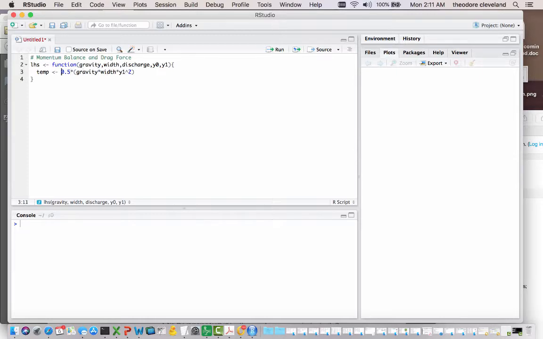Okay, so that's term 1. Build the second one, term 2, is the same thing. That's y0 with respect to y1.